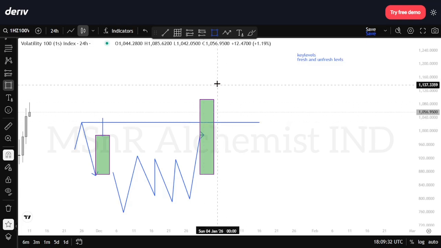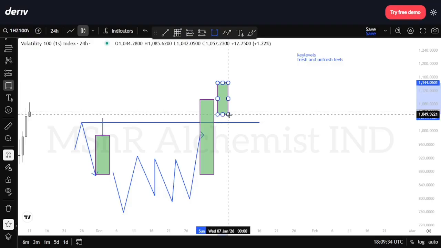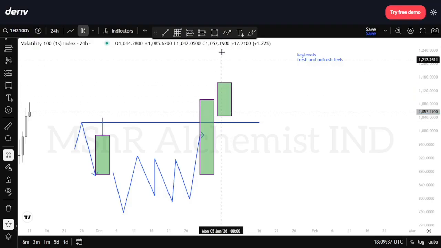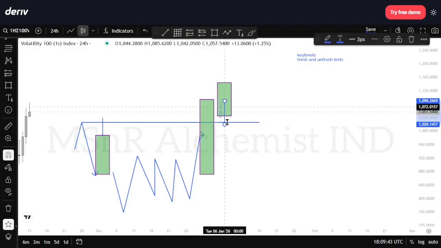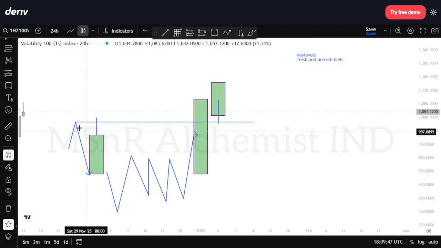Now if the next candle comes back here and touches with wicks, it becomes unfresh and used again. This is one use.